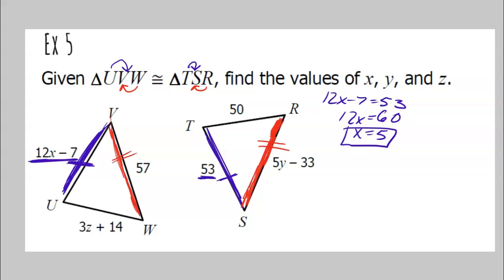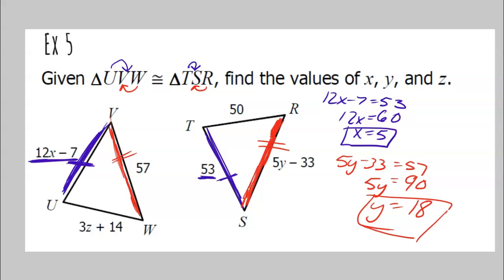And that's going to start it off with 57. So we have 5y minus 33 equals 57. I'm going to add 33, and that's going to be 90 equals 5y. We're going to divide by 5. y equals 18.